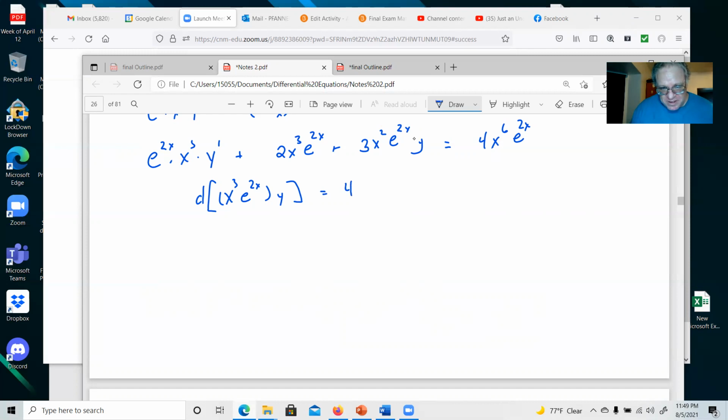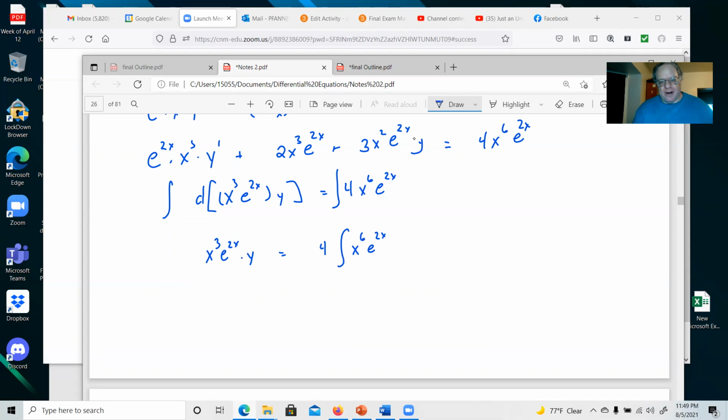Okay. So here we have 4x to the 6th e to the 2x. Okay, we've got to go ahead and integrate both sides here. So we have x cubed e to the 2x times y, and this is equal to the integral of 4 times the integral of x to the 6th e to the 2x.